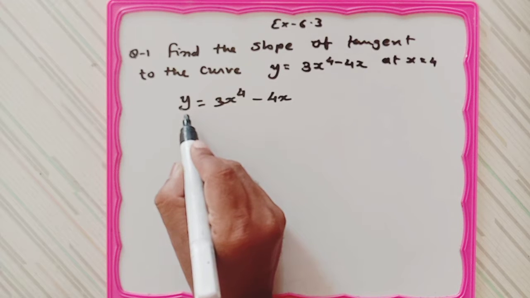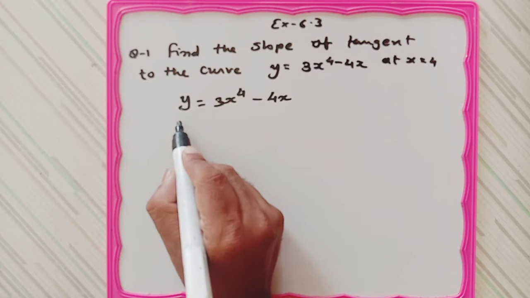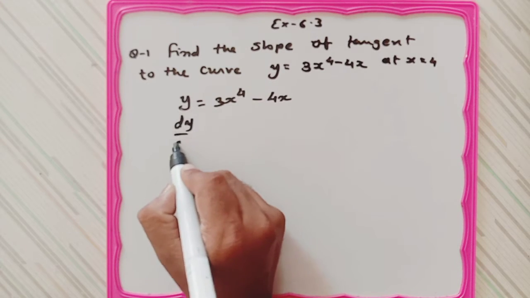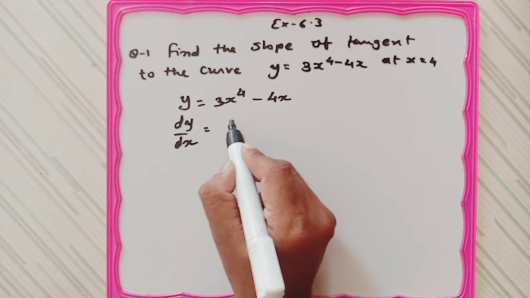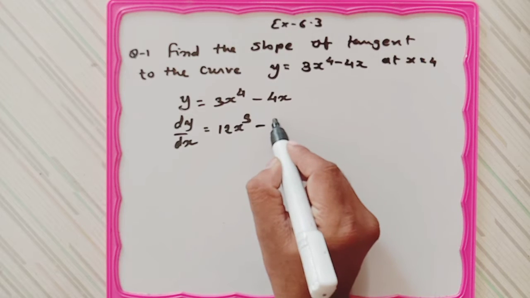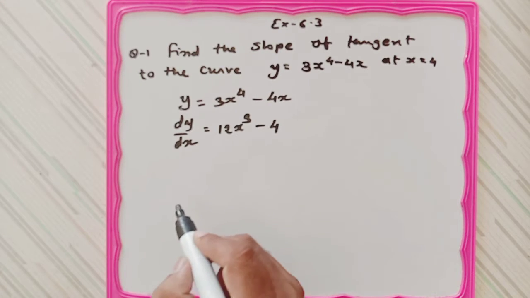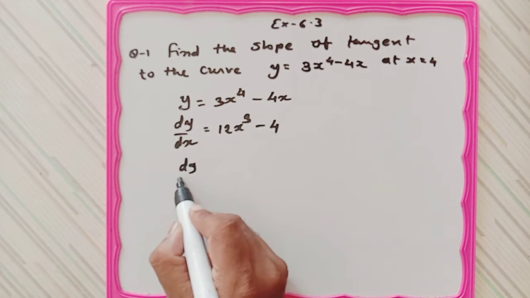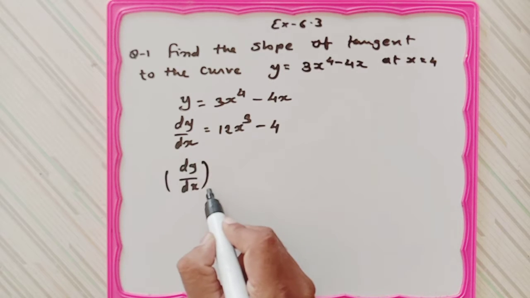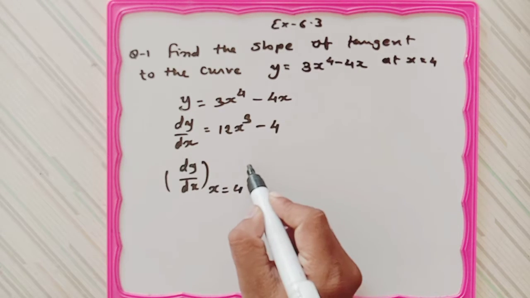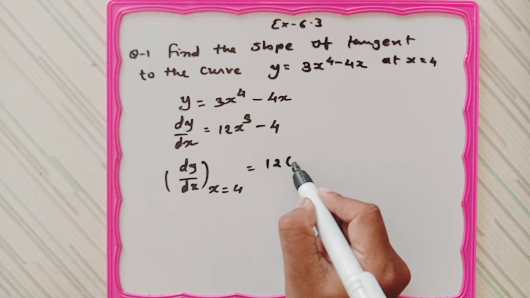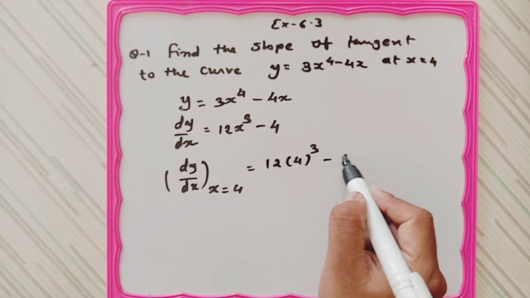We take the differentiation of this curve's equation with respect to x, and dy by dx equals 4 times 3, which is 12x cube minus 4. Now we want it at x equals 4, so dy by dx at x equals 4, replacing x by 4, is 12 into 4 cube minus 4.